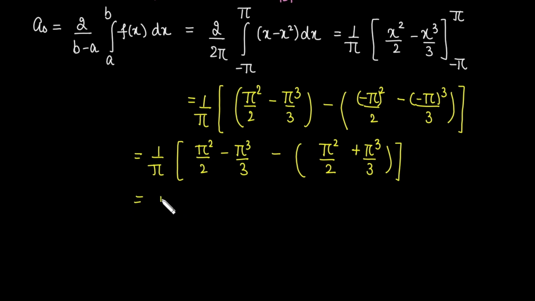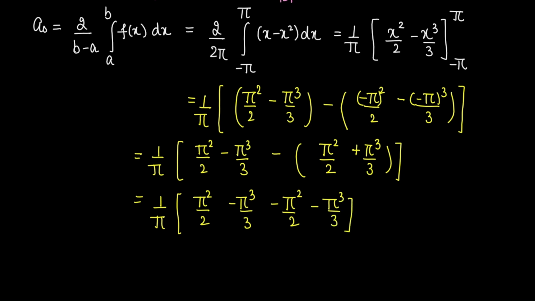So this implies 1 upon pi, square by 2 minus pi cube by 3, minus pi square by 2, minus plus is minus pi cube by 3. So from here, this term gets cancelled with this one.